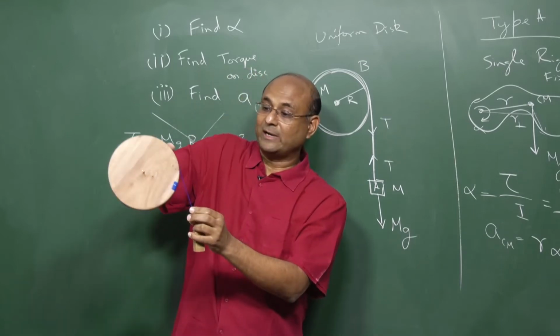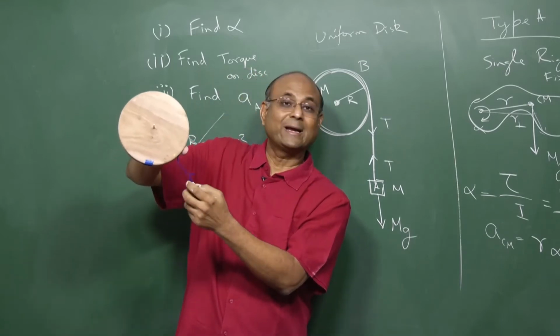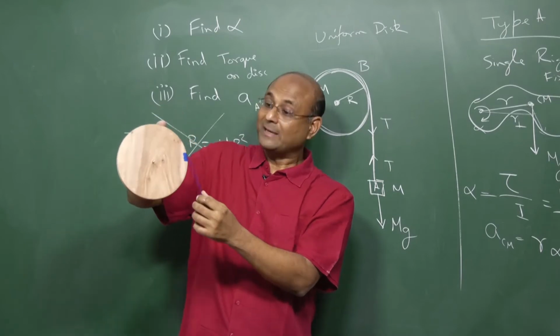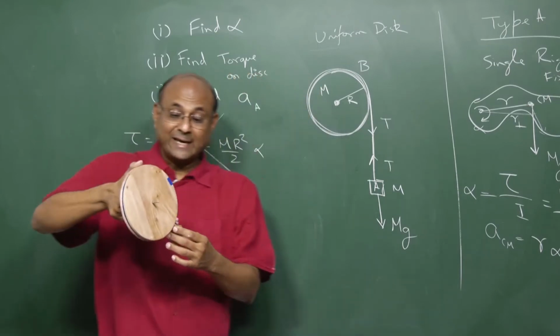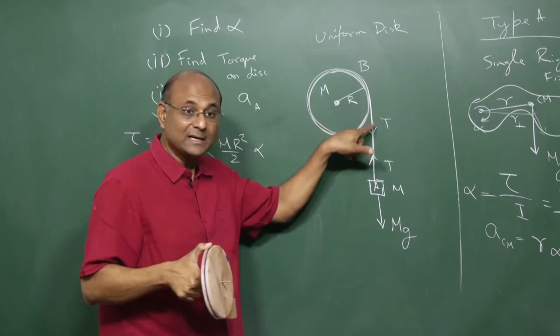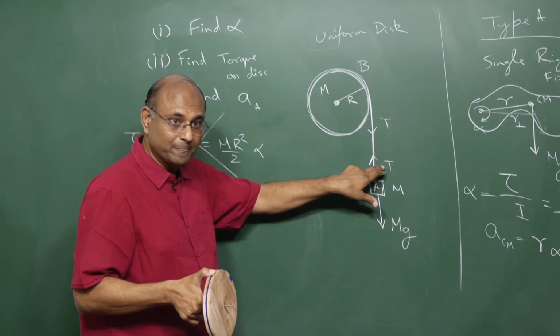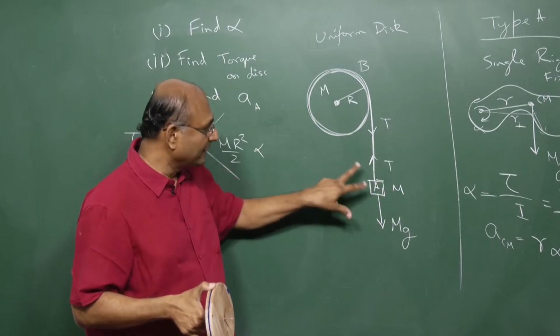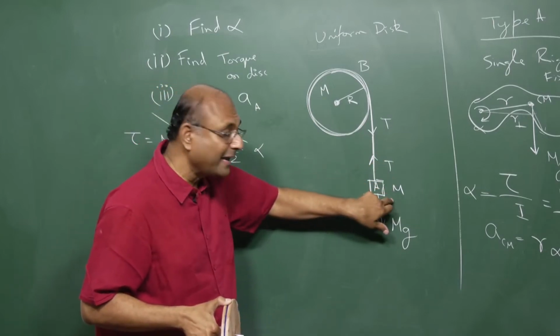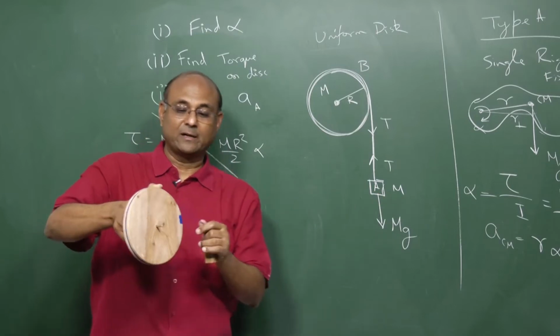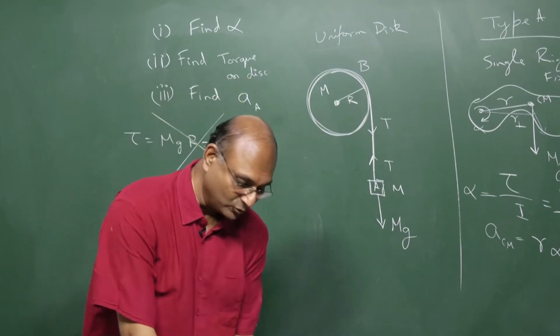Suppose I say that this is rotating and this is not moving, you will get a slack in the rope. In fact, why is this rotating? Because this guy is pulling. But this guy is pulling doesn't mean that the torque is mg into r, it is still T into r. You need some tension here, right? This tension: mg minus T is ma, the acceleration of this object. So we need to write it carefully. Let us do this carefully.